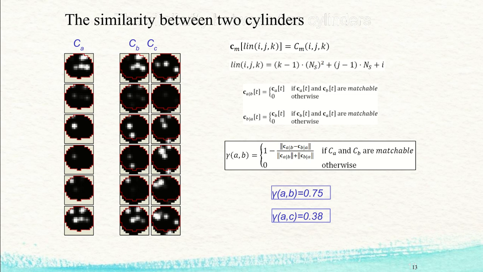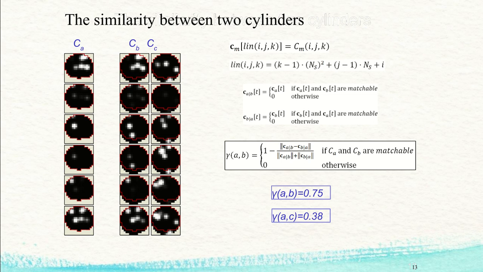Now to calculate the similarity between two cylinders, suppose in the first case we are taking the two cylinders A and B, so we need to first linearize the values of C, i, j and k, which is Cm of ijk. The linearization of ijk is given by this formula. Now C of A comma B of t is given by this formula. If they are matchable, then we will call it C of t, else 0.